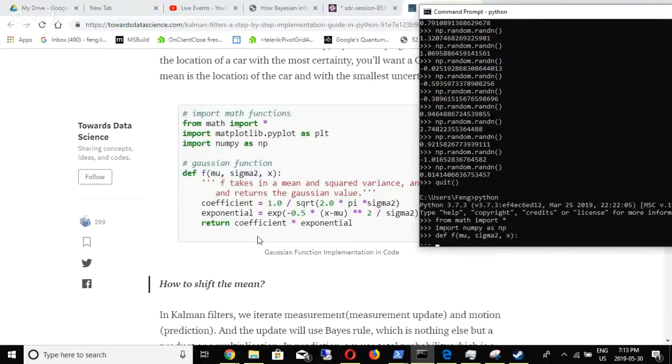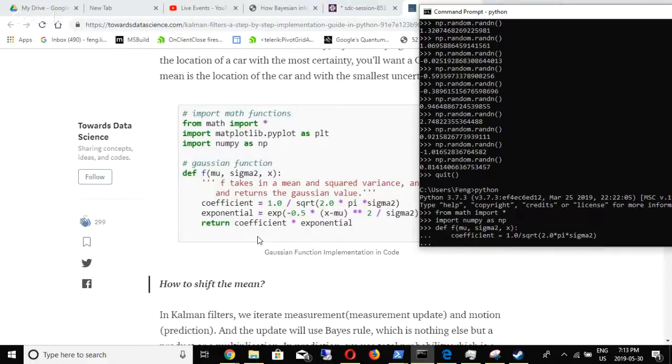This has some coefficient, minus 0.5 times (x minus mu) squared.